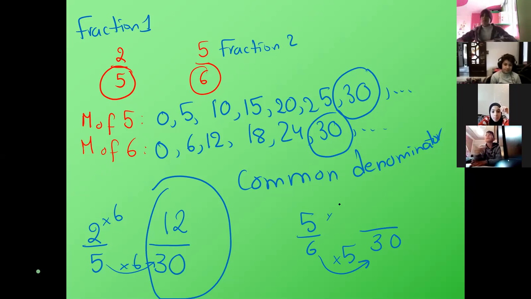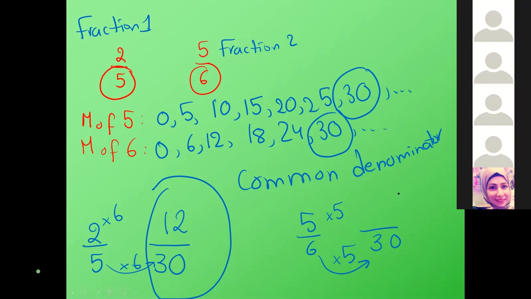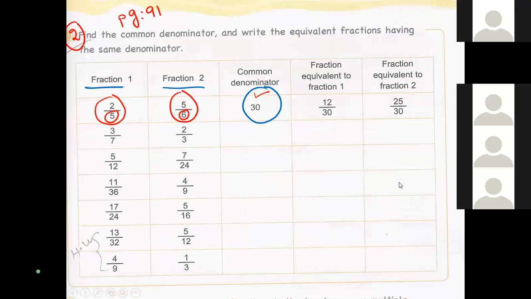So multiply up by 5. 5 times 5 is 25. So the second fraction is 25 over 30.